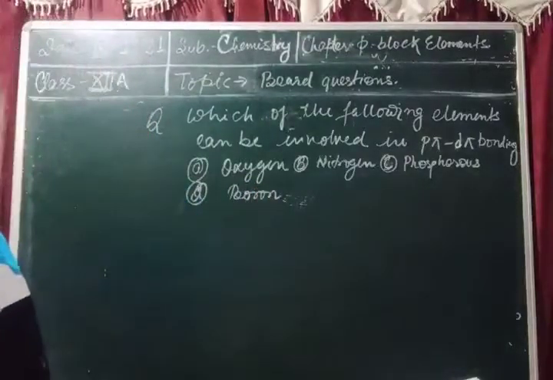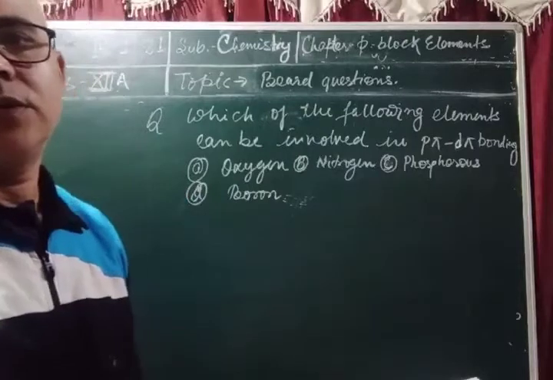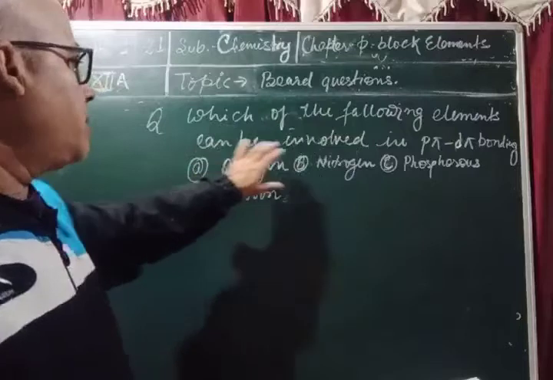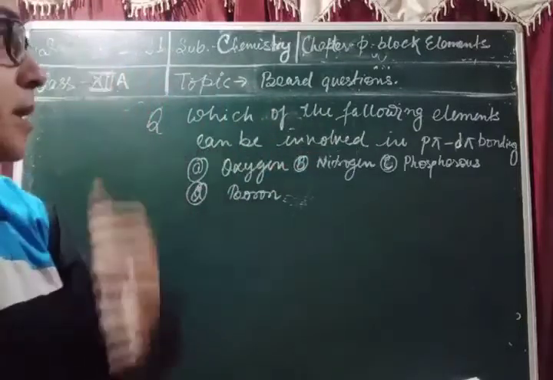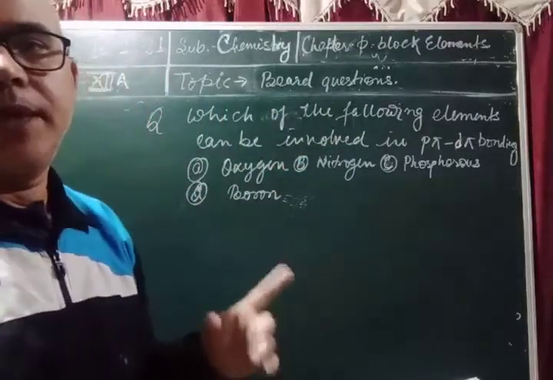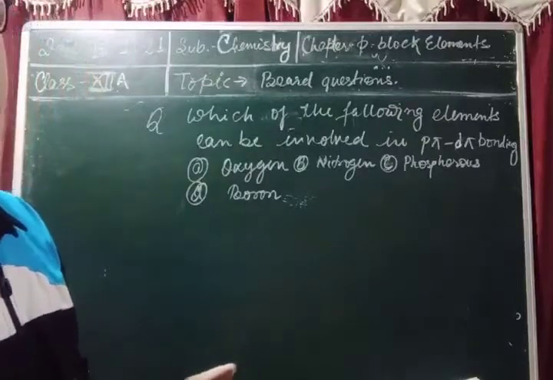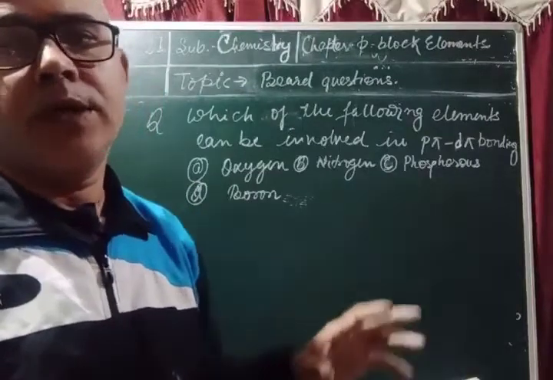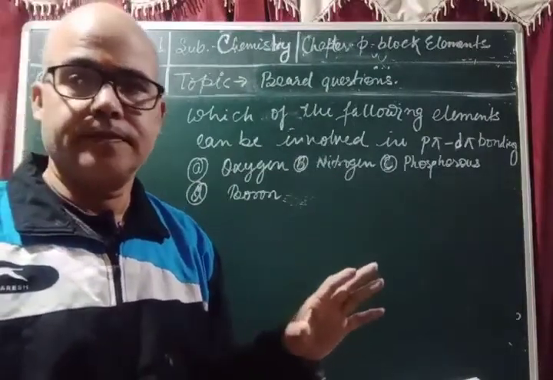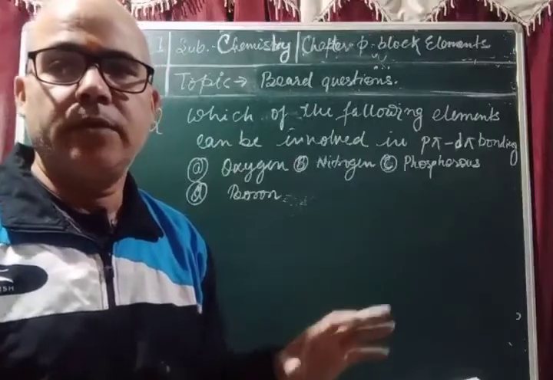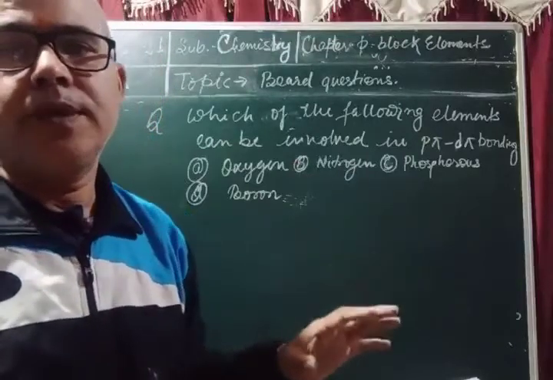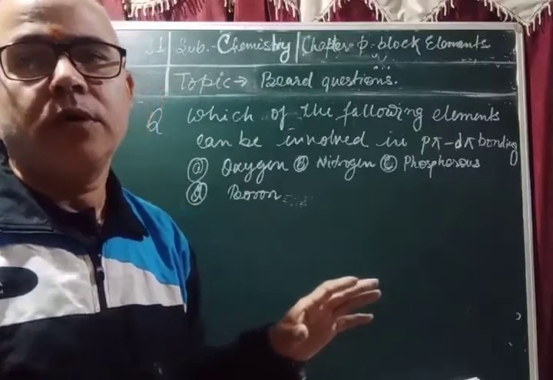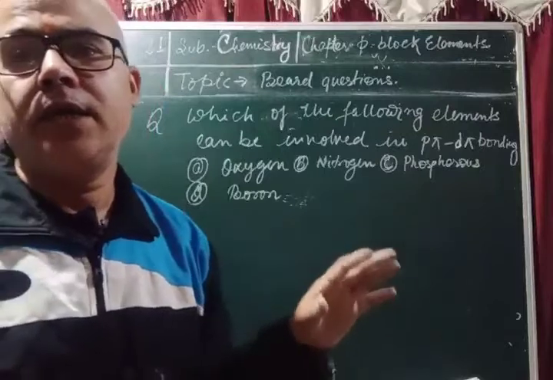Very simple and very clear question. Which of the following elements can be involved in p-pi d-pi bonding? Only those elements can be involved in such type of bonding which have vacant d orbitals.